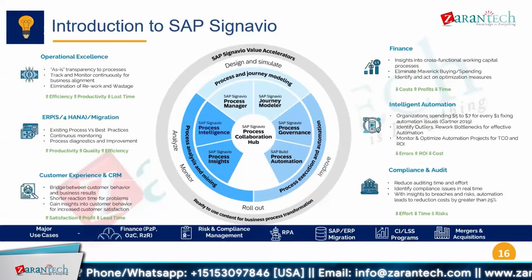So you will have one place where you can analyze performance, design or redesign your process, or, if you want to automate your processes, then again SAP Signavio would be the tool where you don't have to do anything from scratch, because you have identified pain points in the process and you can improve those pain points by implementing low-cost automation or full RPA with the help of the SAP Build process automation engine.